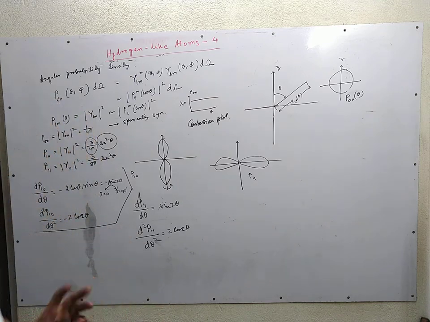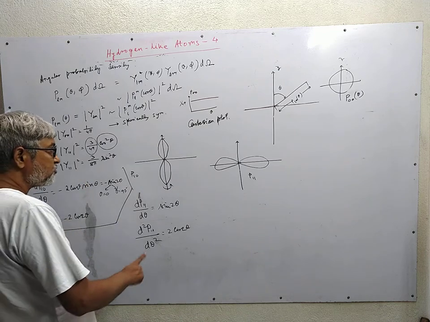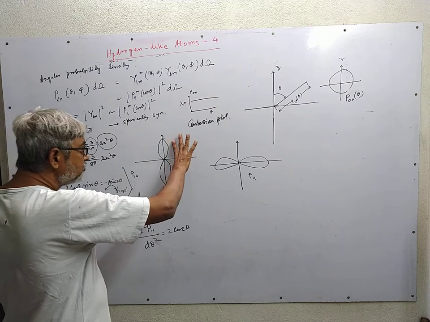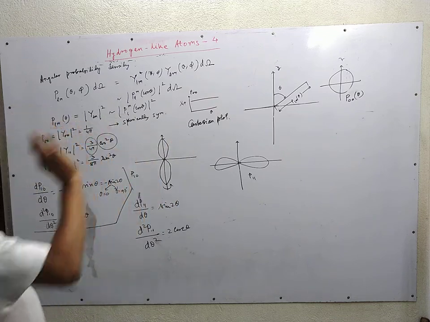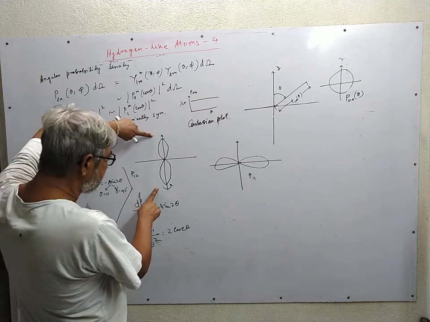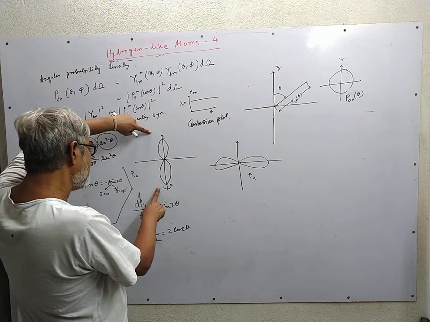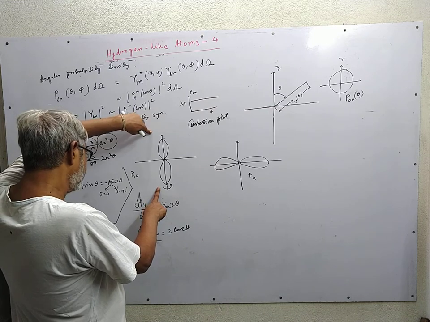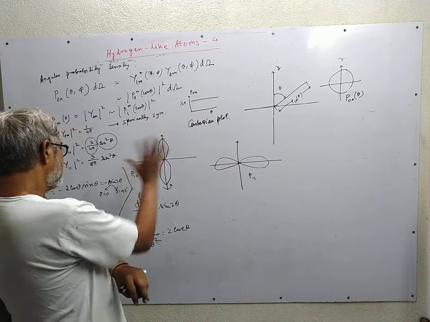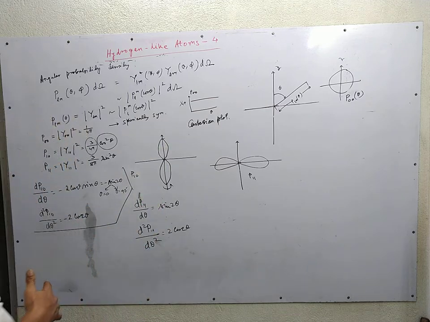Now, if we look at the polar plots for higher values of L and the corresponding values of M, we see that for M equal to 0, the plot is all along the z axis. For M equal to 0, the curve will have similar behavior, as is apparent from the L equal to 2 and 3 cases, which are available in any standard text.